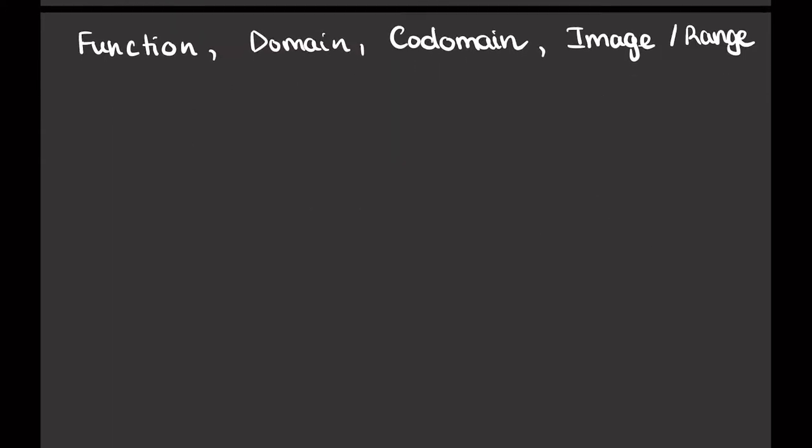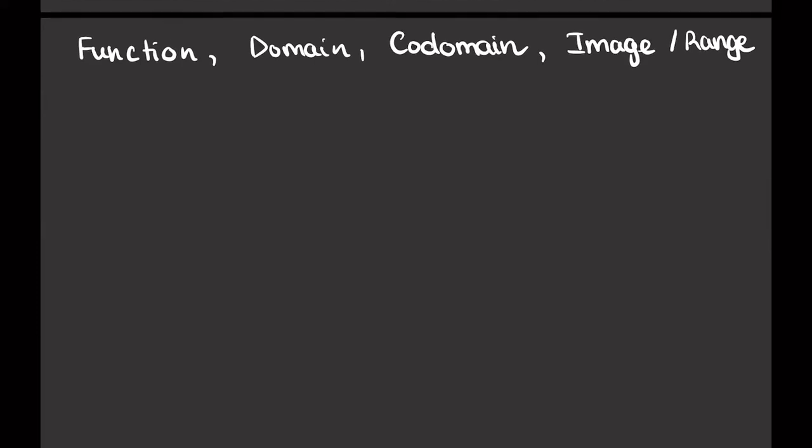Okay. So the next thing we will talk about is function and its related terms. You can think of a function as a machine: when you give it input, it will give you the output. That's what the function does.